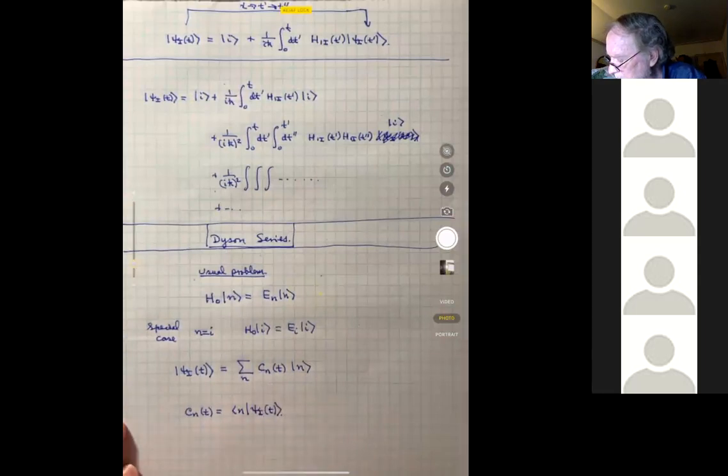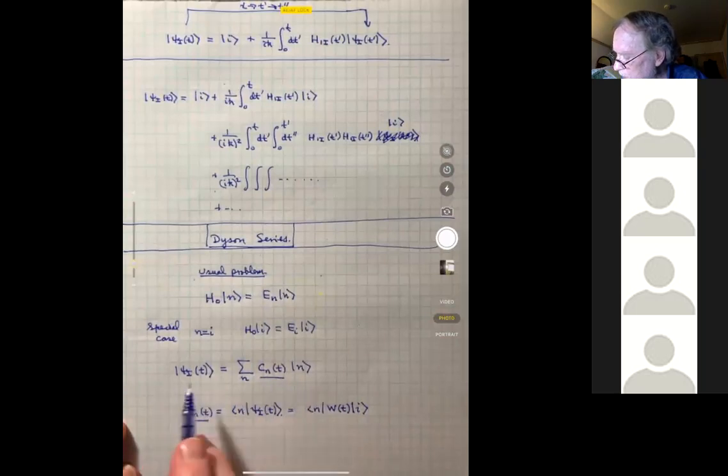But on the other hand, psi I of t is equal to the time evolution operator in the interaction picture, what we call W of t, acting on the initial state I. So these Cn of t's, these expansion coefficients in the interaction picture, are actually transition amplitudes, but measured in the interaction picture. That is to say, the time evolution operator in there is the interaction evolution and not the Schrodinger evolution operator. But these are transition amplitudes.